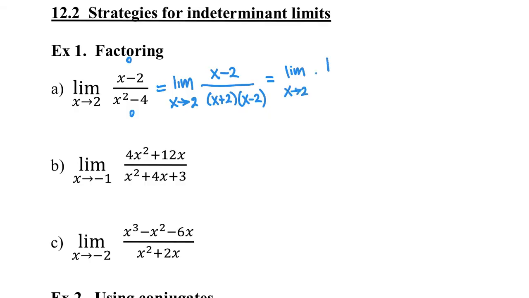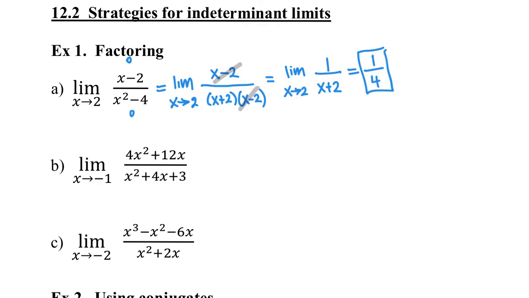So I'm left with 1 over x plus 2. Okay, let me cross those out. Now let me see if direct substitution will work now. Now that I'm doing the direct substitution step, I can plug the 2 in directly. If I plug in 2, 2 plus 2 is 4. So the limit is actually 1/4, even though at x equals 2, the value doesn't actually exist.